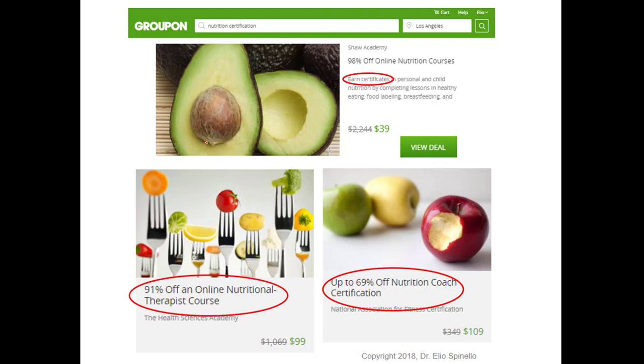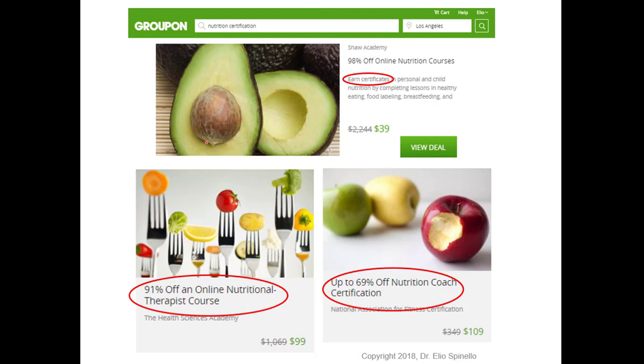And if you go to Groupon, this is my favorite, you can find all kinds of deals there. So here we got certified child and personal nutrition, $39, down from $2,244. There's the nutrition coach certification, that's only $109.